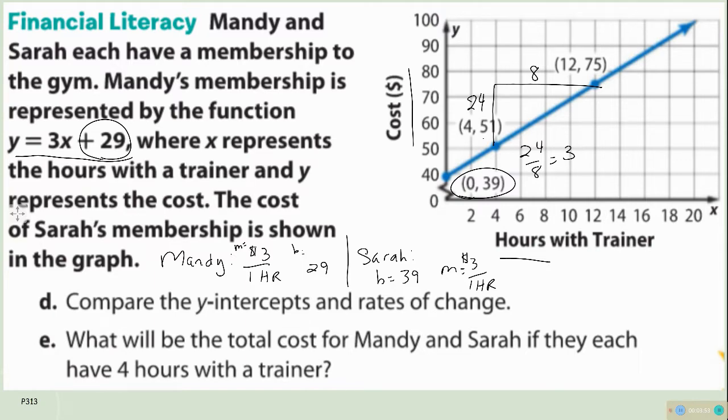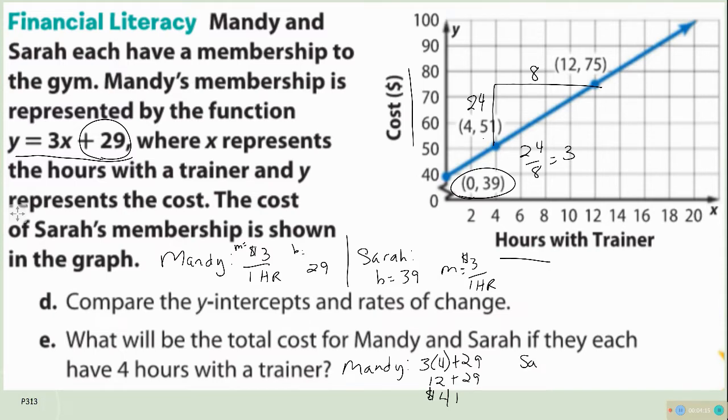Now, what will be the cost for both of them if they had 4 hours? So Mandy, it would be 3 times 4 hours plus $29. So that would be 12 plus 29. So she would pay $41.